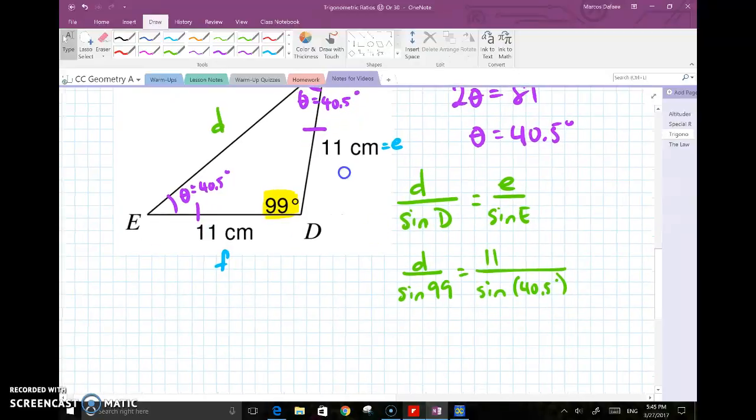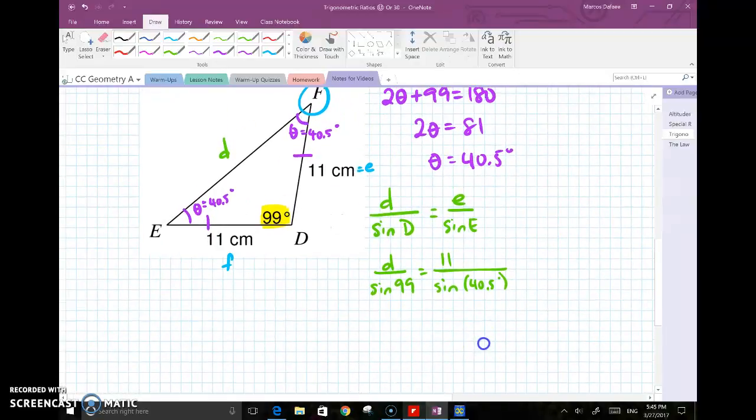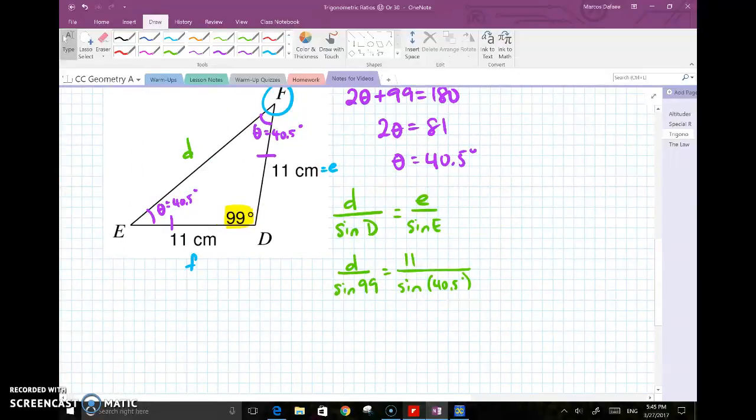Now I need to do a little calculation here. So the sine of 99 is 0.987. So I have d over 0.987. This is still 11. The sine of 40.5 is 0.649.